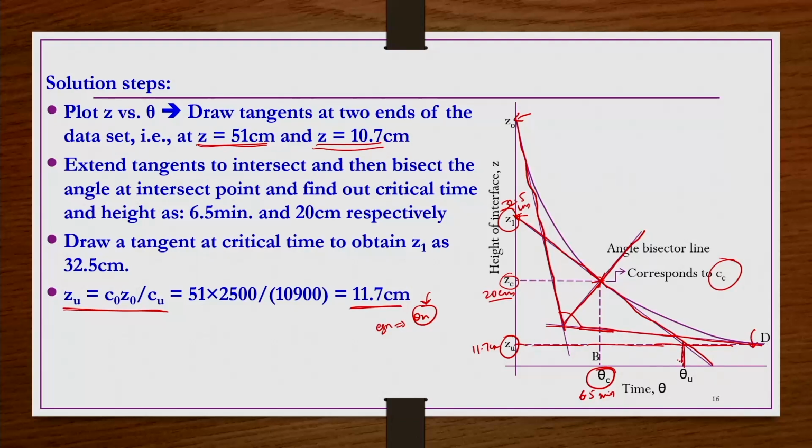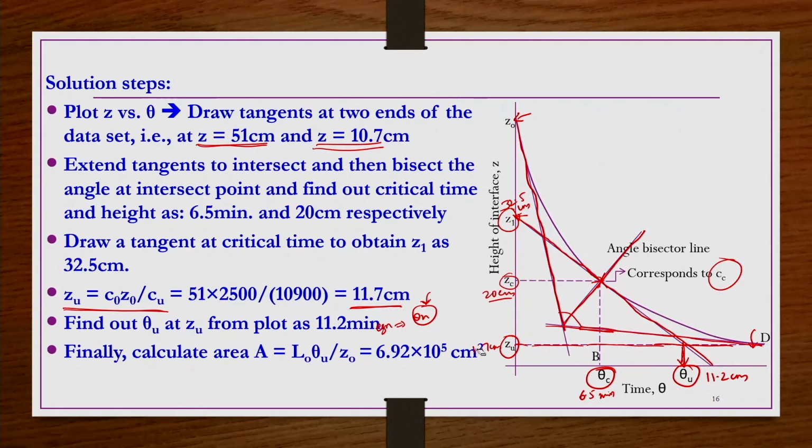The corresponding time is theta u, and here that comes out to be 11.2. So, that is it. Area you can calculate as L naught theta u by Z naught, which comes out to be 6.92 into 10 power 5 centimeter square. This is how you can calculate the required area of a continuous thickener using either of the approaches.